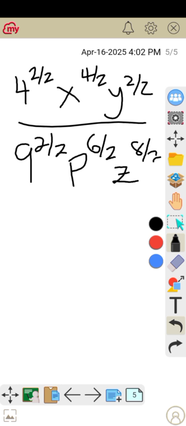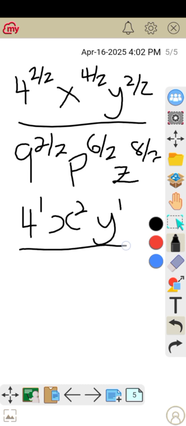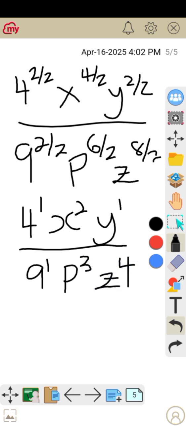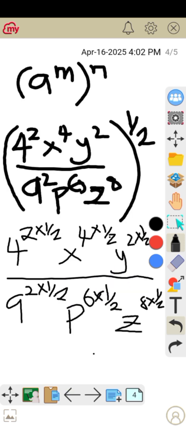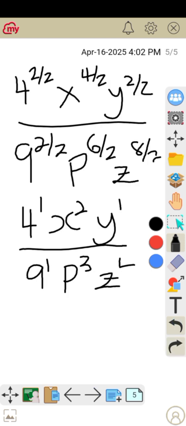Since I'm multiplying them all, I'll be having 4 raised to the power of 1, x raised to the power of 2, y raised to the power of 1, divided by 9 raised to the power of 1, p raised to the power of 3, and z raised to the power of 4.